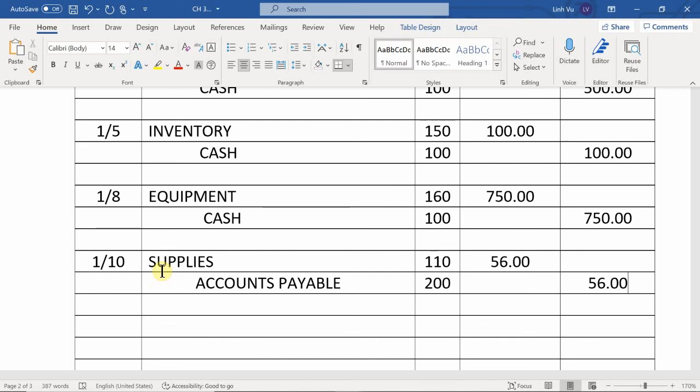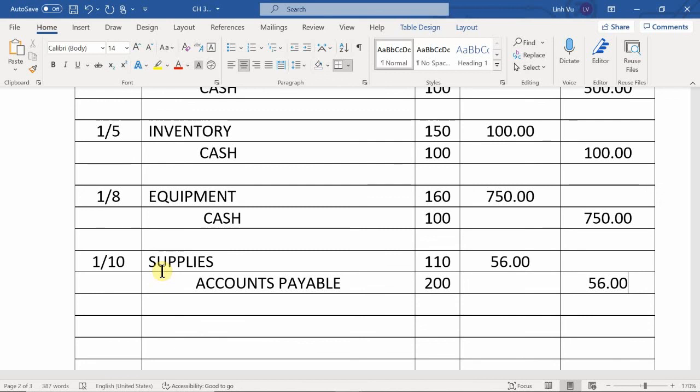Okay, so in this case, I'm increasing a liability. How do you increase a liability? In the credit side, you increase the liability. And when I purchase supplies, I own the supplies after I walk out of the store.